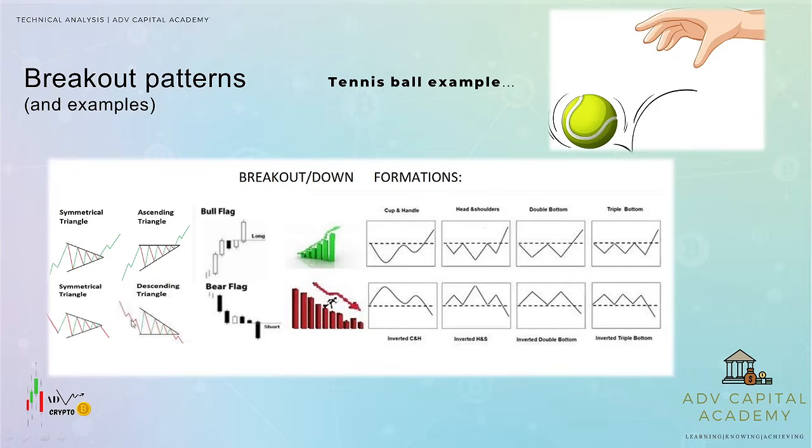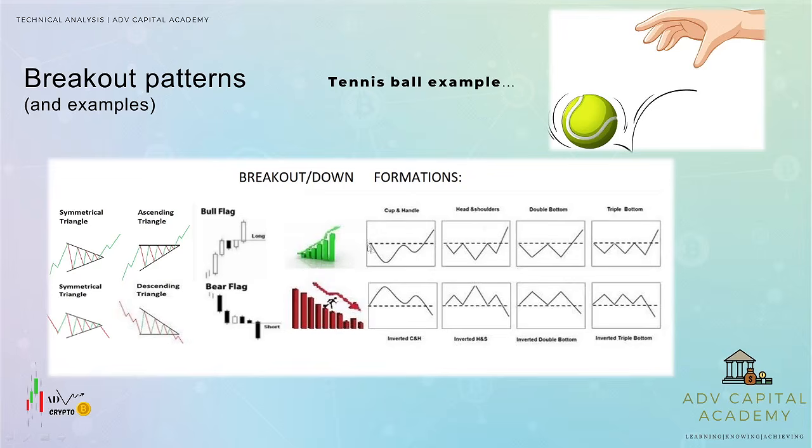We have people trying to go under some level, but we have a lot of buyers that are buying. The price is going up, coming back, going up a little less, coming back, going up, and once this point is broken, the price is going downward in a big move because we don't have any buyers anymore.